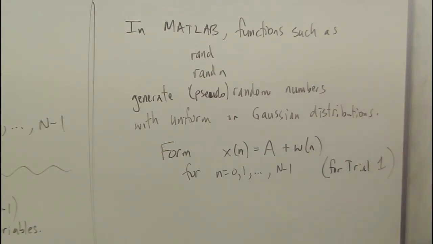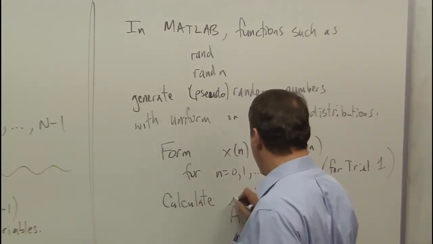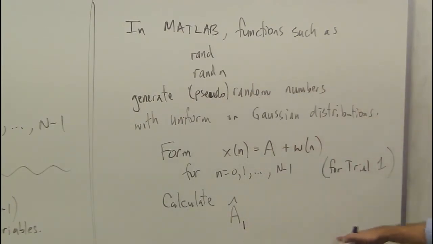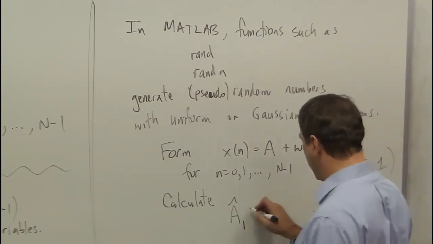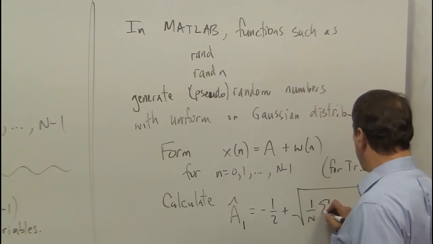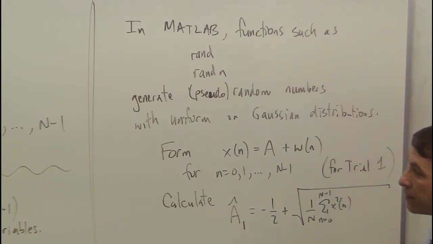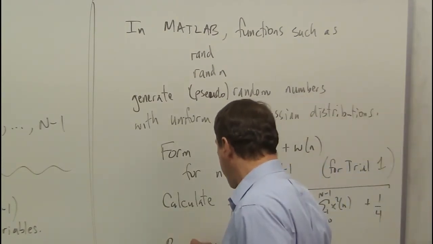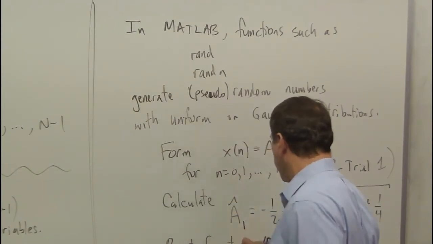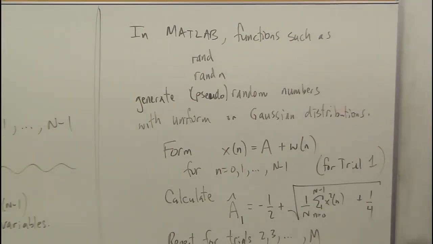Okay, and then we calculate A hat, and I'll use an index for the trial number, as minus 1/2 plus the square root of 1 over N times the sum of these random x's that we've just generated, and we've got to add a quarter. Okay. And then we repeat for trials 2, 3, etc., up to some number M. All right?